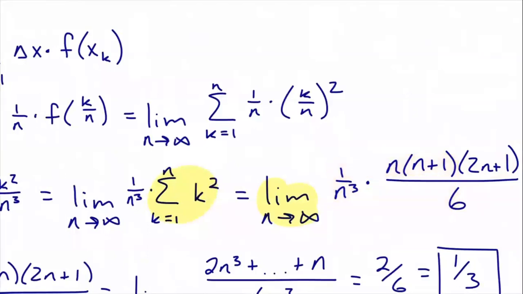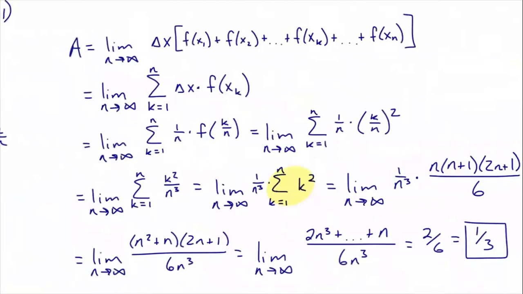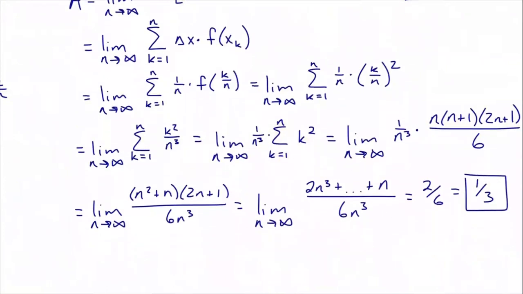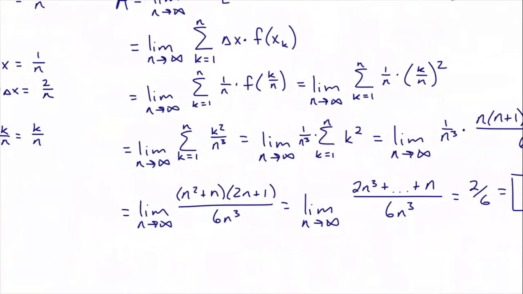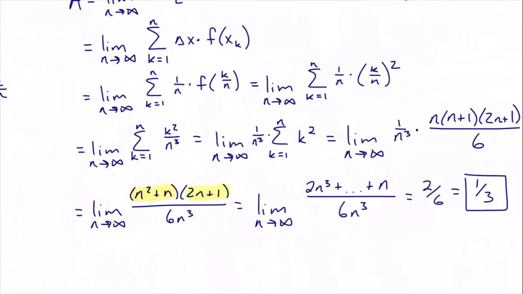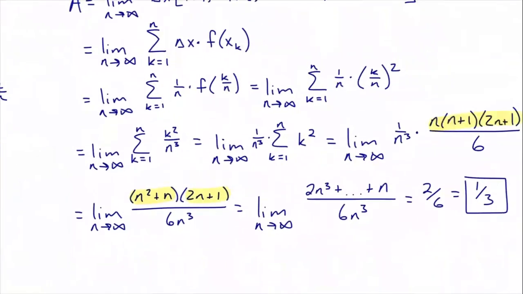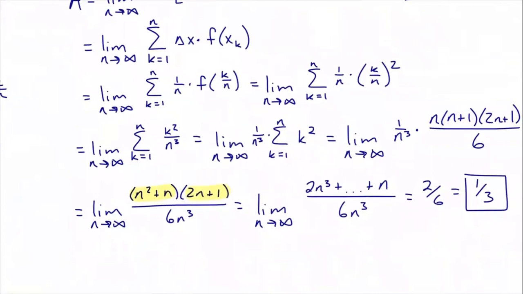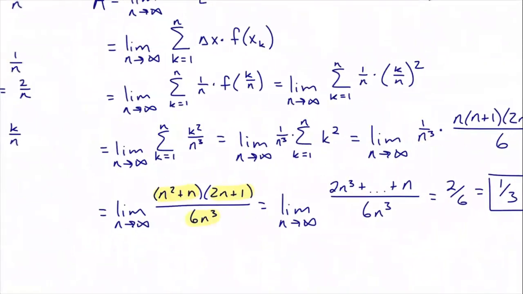And that's pretty easy to do because it's just a rational function when we're done multiplying all these terms together. So what we see is we have n times n plus 1 became n squared plus n, times 2n plus 1, right? I'm just starting to simplify my numerator. And that's over 6n cubed, right? I have a factor of n cubed in the denominator I needed to multiply through there. So we've done that.